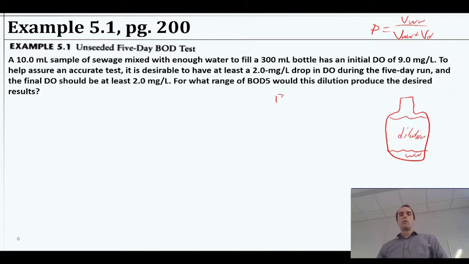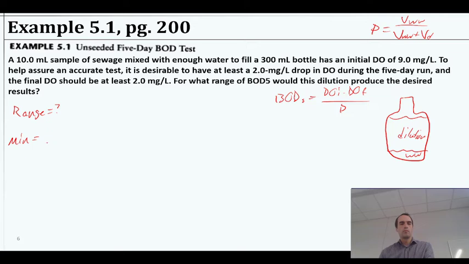And then our BOD equation here looks like this. Take a minute on that.